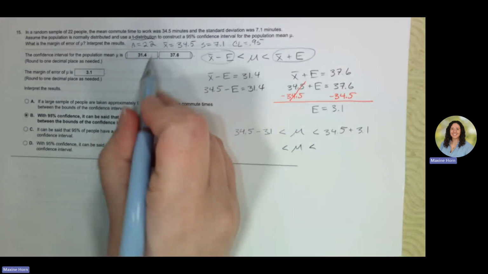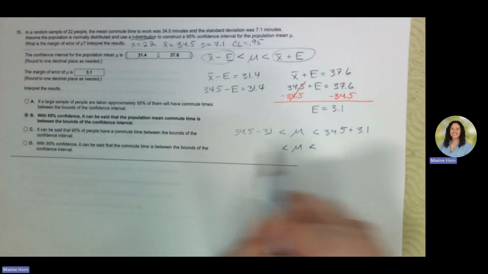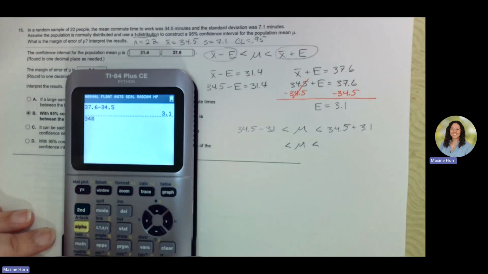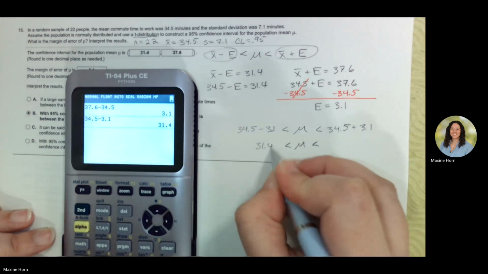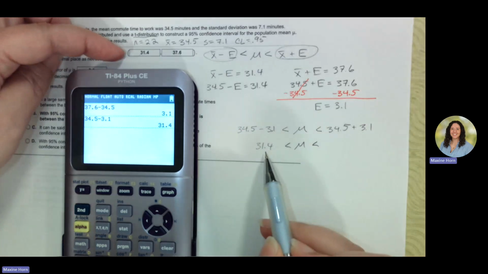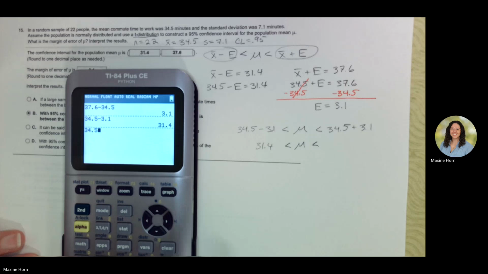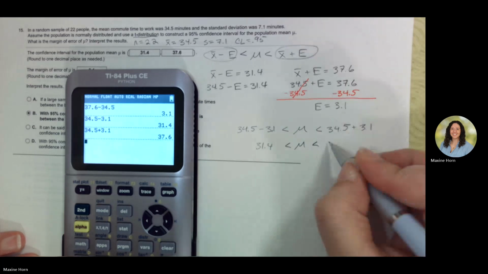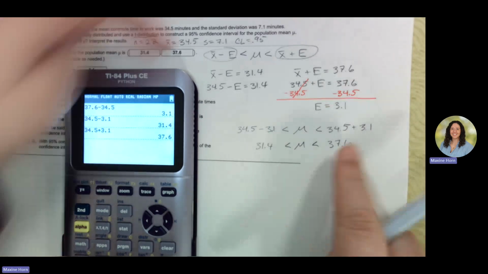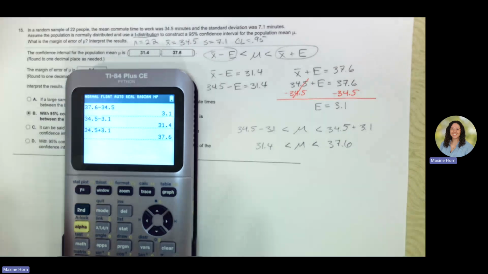Do I really get 31.4 and 37.6 for these numbers, right? So 34.5 minus 3.1. Yeah, I got 31.4. Okay. Now what if I add it? Yeah, I get the same thing. Okay. So that's why we have 3.1.